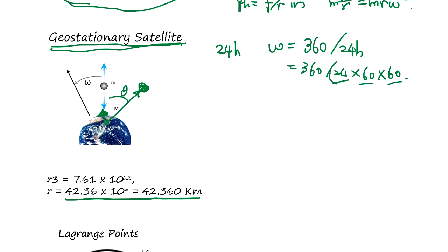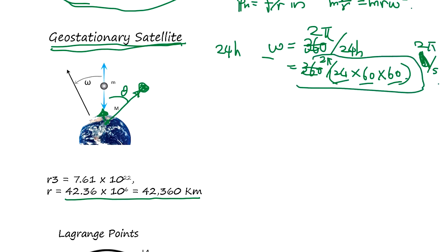Okay, that's omega per second, so degrees per second. If it's in radians, this is 2 pi, so 2 pi per day. So that's the value.